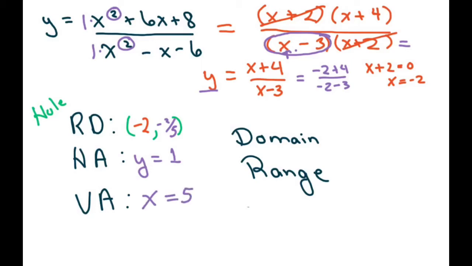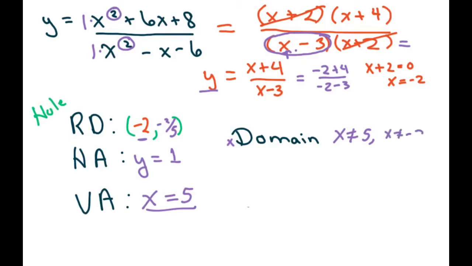Now your domain and range. We know our domain involves the x. So we have a vertical asymptote at x equals 3, we know that x cannot be 3. We also know, from our removable discontinuity, x cannot be negative 2.